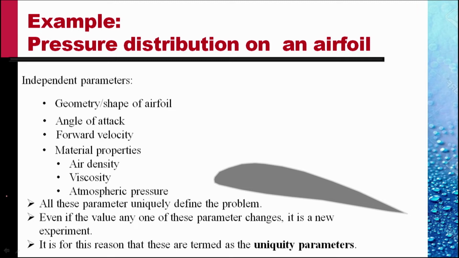It is for these reasons that these independent parameters are termed uniquity parameters. They uniquely define a problem, or there's a unique set for a given problem. The values of these would define a problem completely.